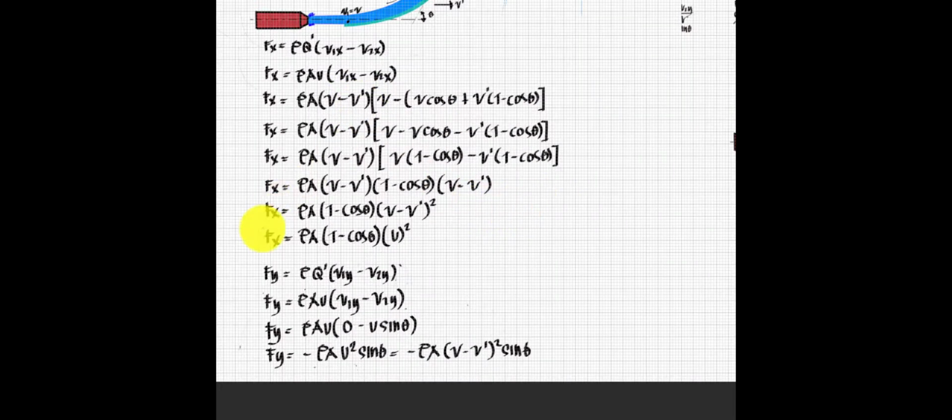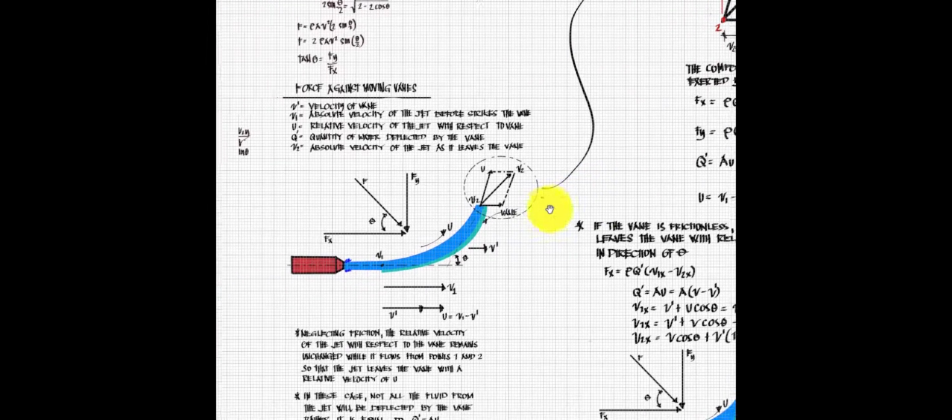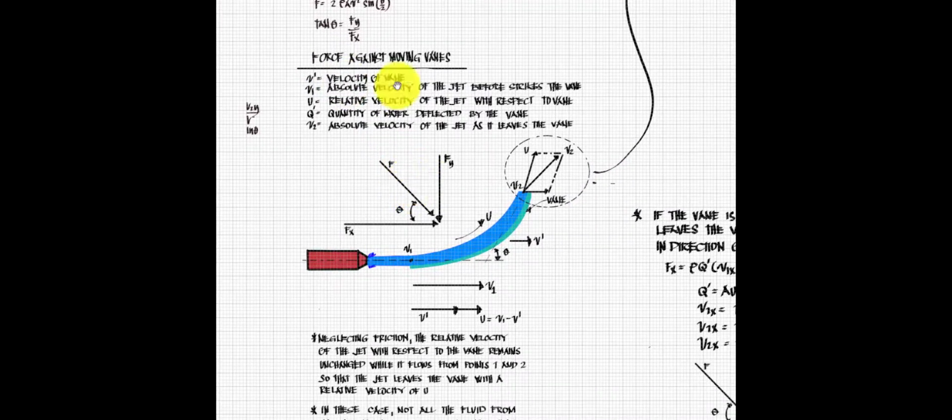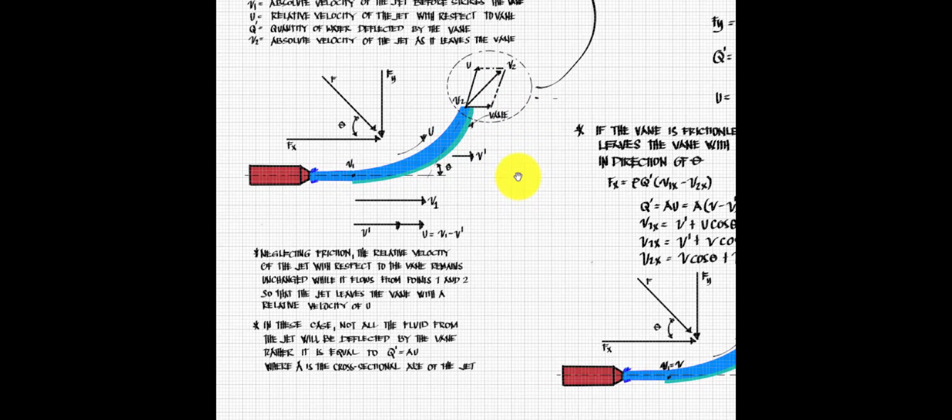So, let's have a quick overview of our solutions. A quick review, okay? So, starting from here for the force against the moving vane. We have your velocity entering at point 1, then you have your velocity leaving at point 2.